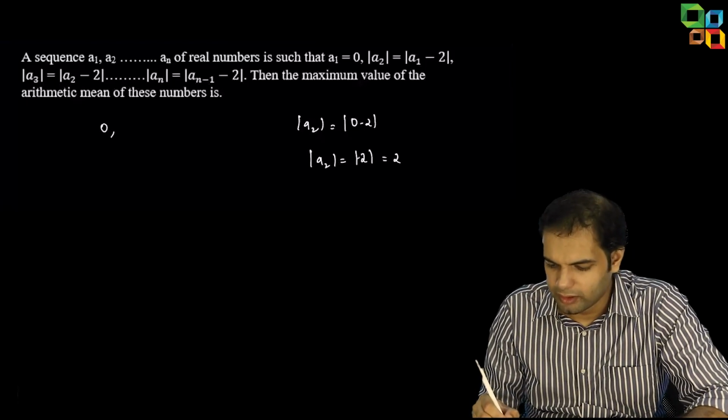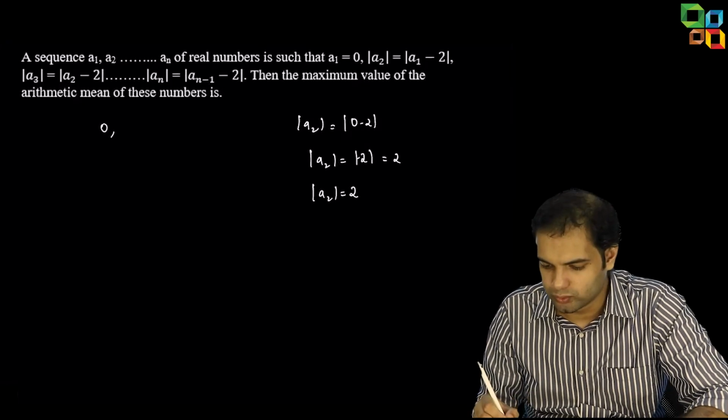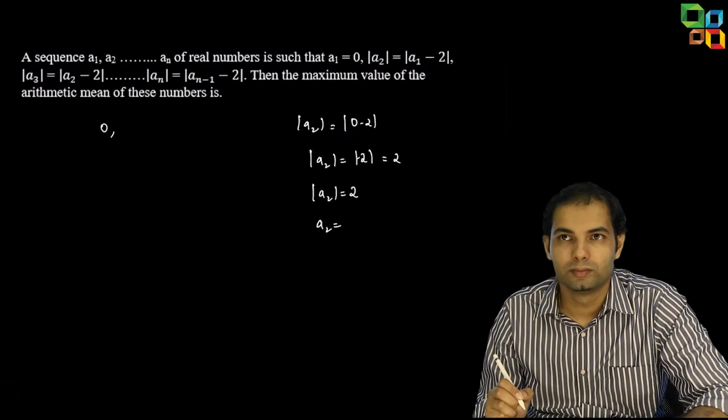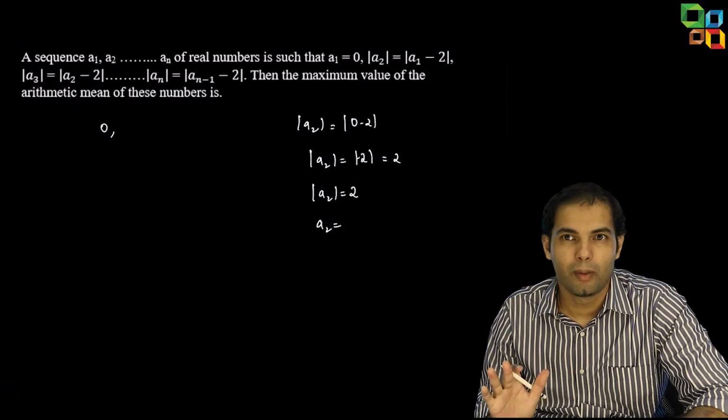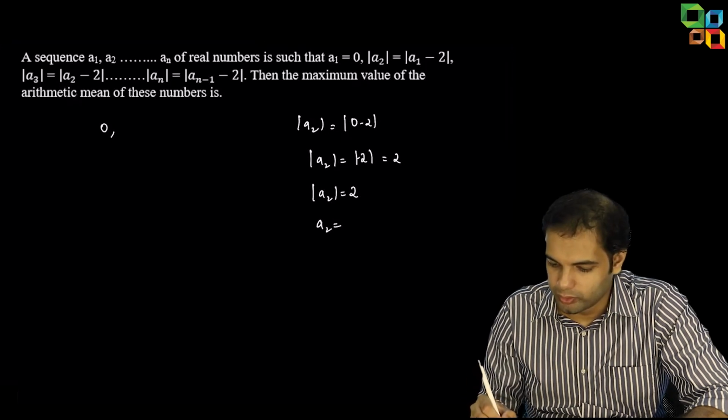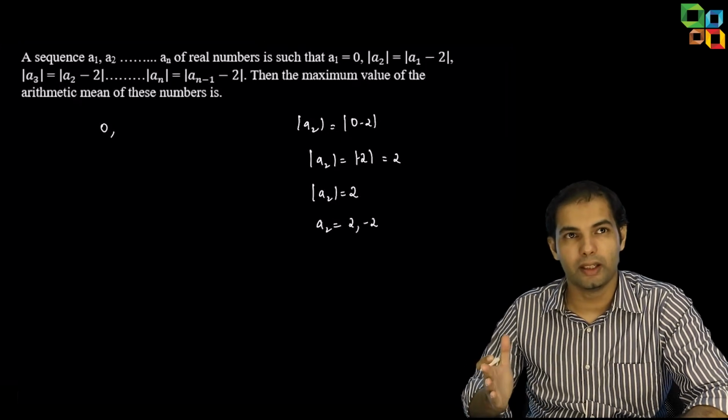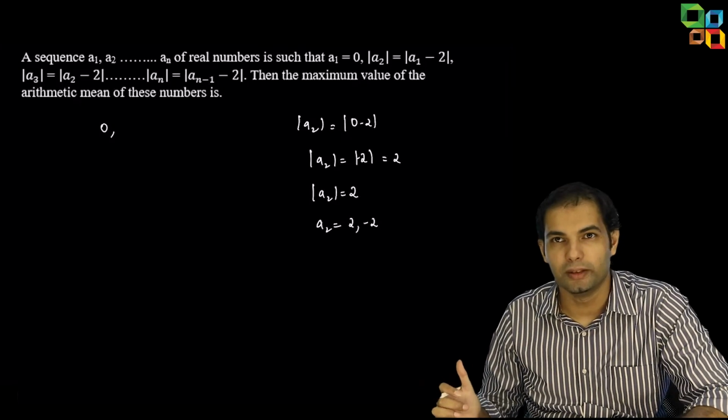A2 can be 2 or it can be minus 2. Both ways, I will get the mod as 2.